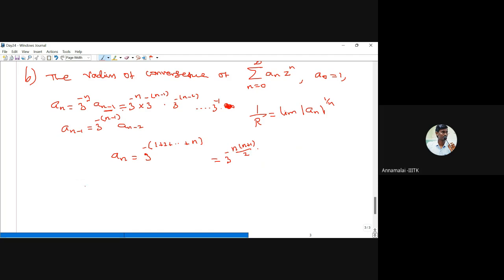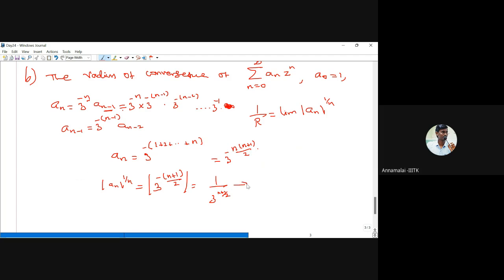So now we take the modulus of an power 1 by n. Therefore we get 3 power, this n cancels, we get minus n plus 1 by 2 modulus. But anyway, you can take 1 by 3 power n plus 1 by 2. So this goes to where?